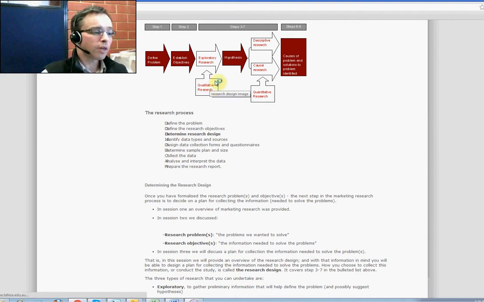Qualitative research is a very useful research technique that you would normally do initially in a research project. Later on, that qualitative research may lead to a new hypothesis.